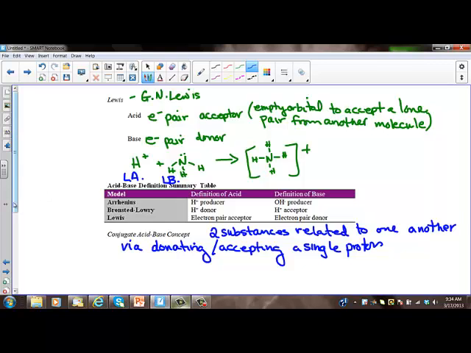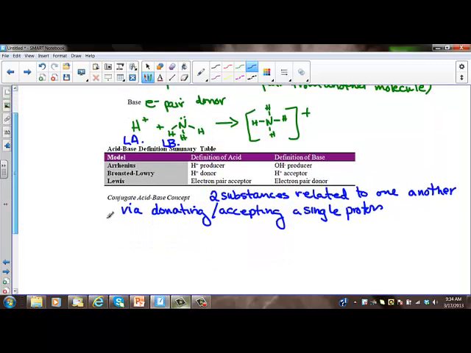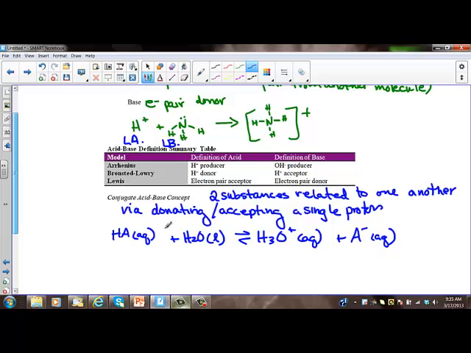So, for example, if I were to demonstrate an acid, we're just going to call this HA. A is for acid, it's just a generic acid, I'm not naming a specific one, plus water yields H3O plus aqueous and A minus, because it's been stripped of its proton. So here you can see that HA is donating to H2O.